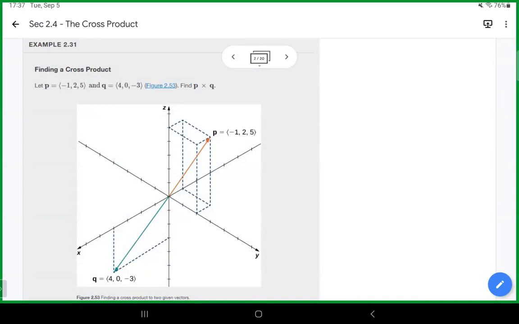They want us to use our definition. So we want to find P cross Q. I should be able to write on here. Let's see if it works.